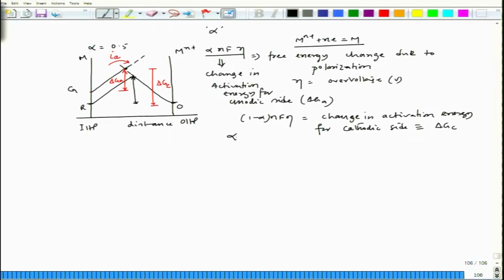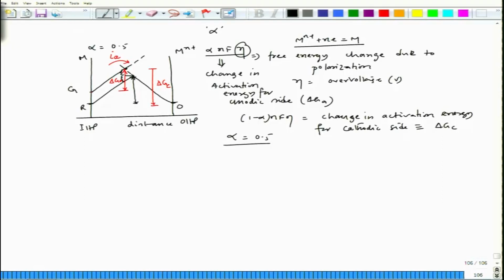Now, since alpha is 0.5, the contribution of this total overvoltage, and thus the change in free energy towards this activation energy, would be equal. And in this case, if you see this, this arm and this arm both are equal.